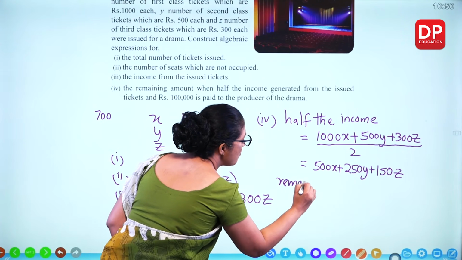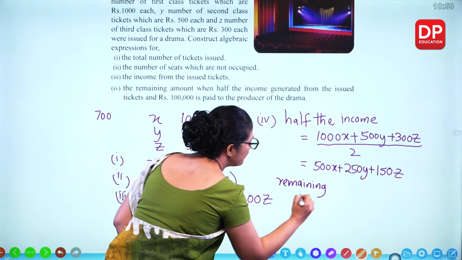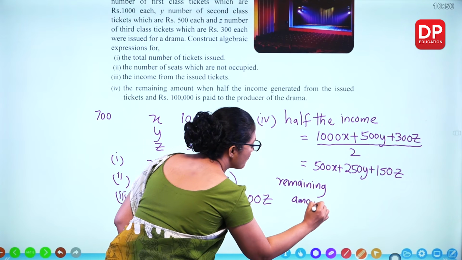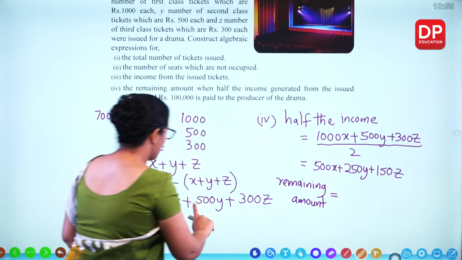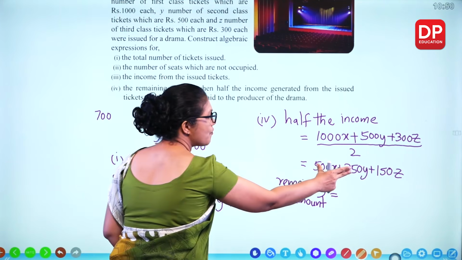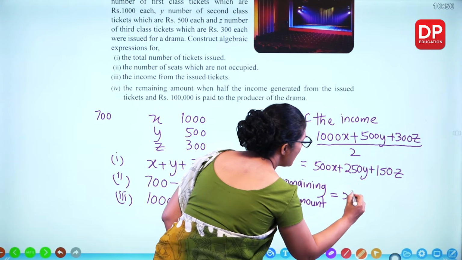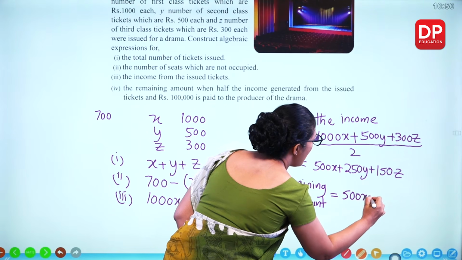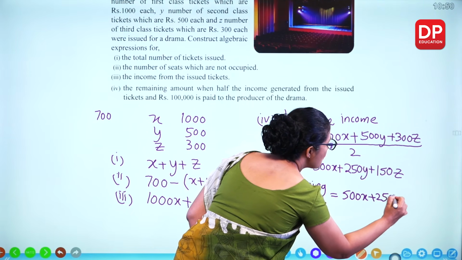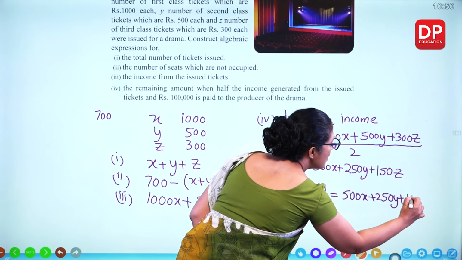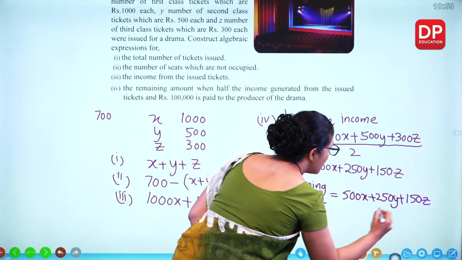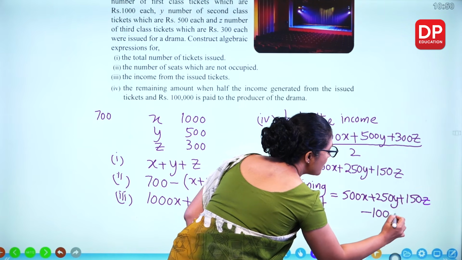You can write remaining amount is, so when it comes to half given means half remaining. So this much of money is there and you have to subtract 100,000 rupees from that.